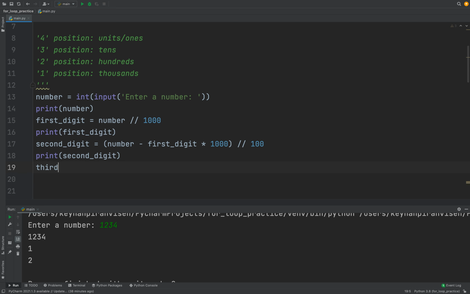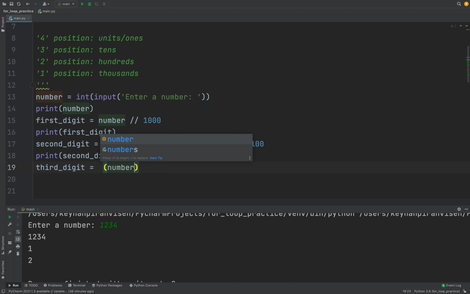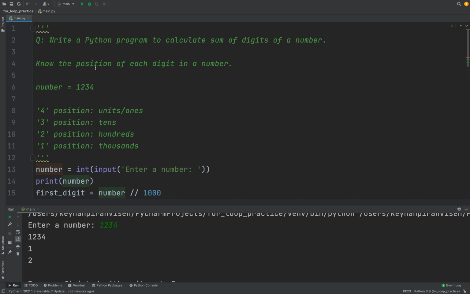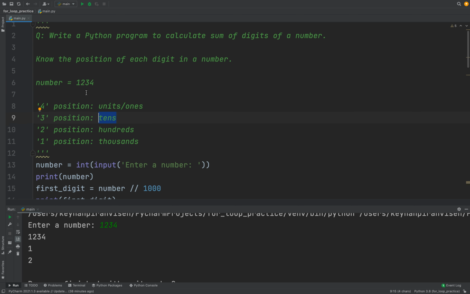Let's get the third digit now with the same concept. So third digit equals, now the third digit is 3, located at the tens position. To do this, I'm going to subtract 1000 from this number, which gives me 234.